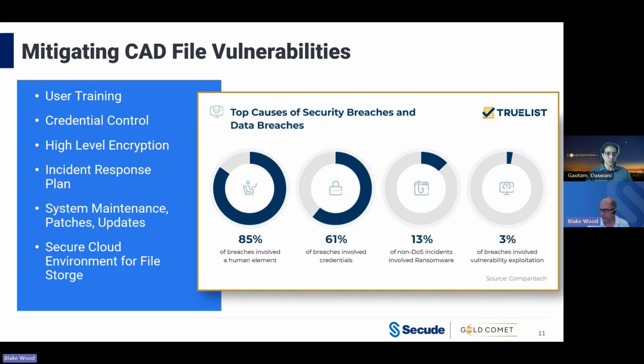Yeah, I'm really excited about the joint offering that we have. Also, from the perspective of mitigating any vulnerabilities, what you're getting with a hybrid joint offering from Secure and Gold Comet is very granular access controls, encryption and labeling on the file itself, which follows the file wherever it goes.